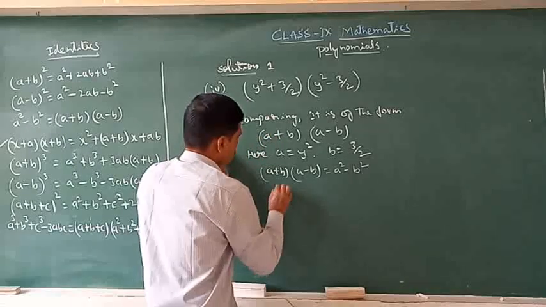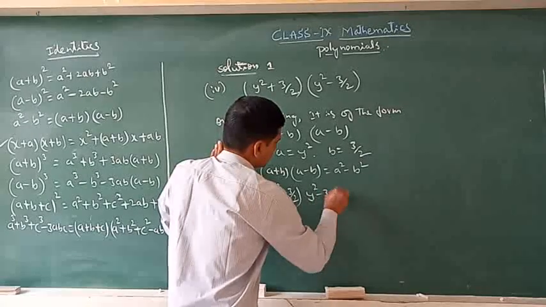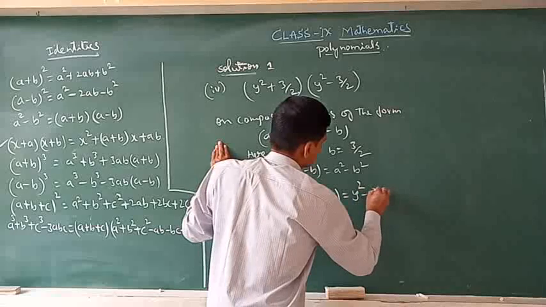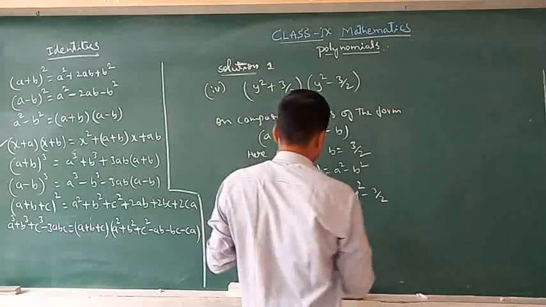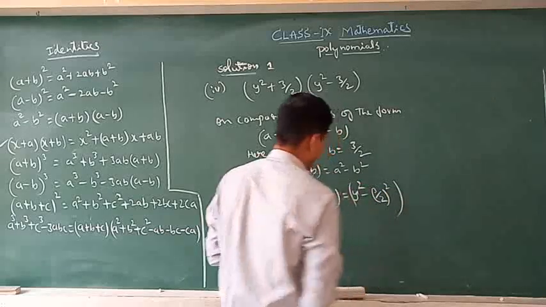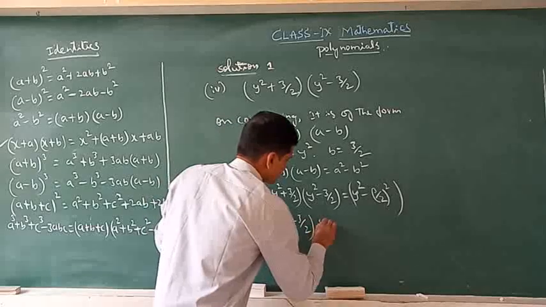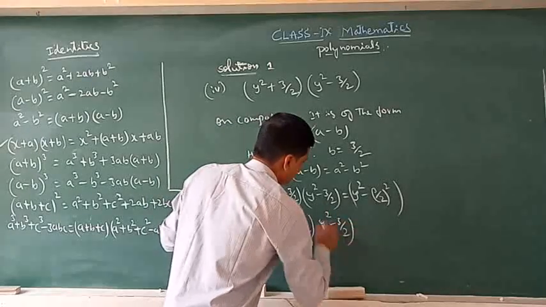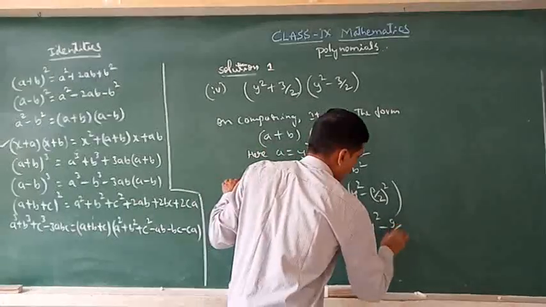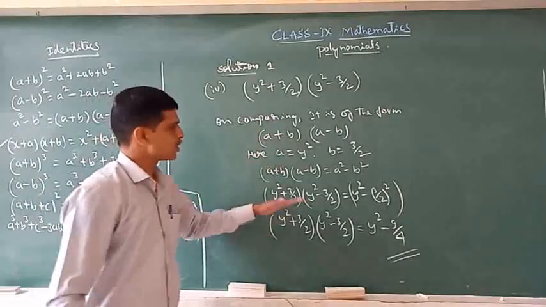That is (y² + 3/2)(y² − 3/2) = (y²)² − (3/2)², because we need the b square value. On simplification, keep the left hand side as it is, and we get y⁴ − 9/4. So this is the simple solution.